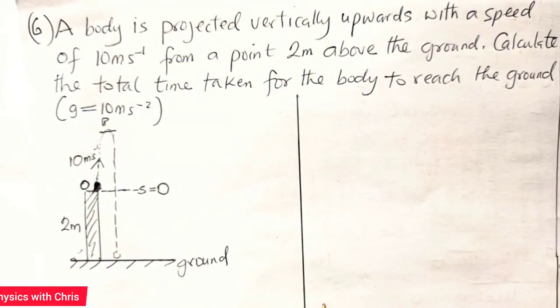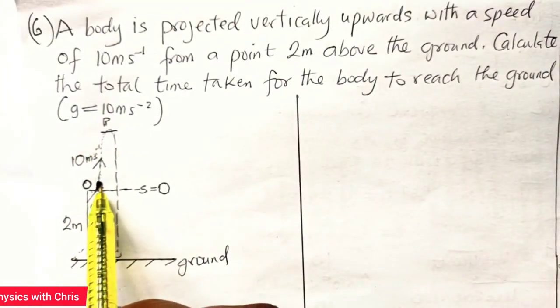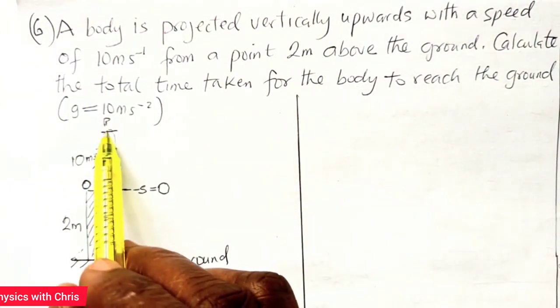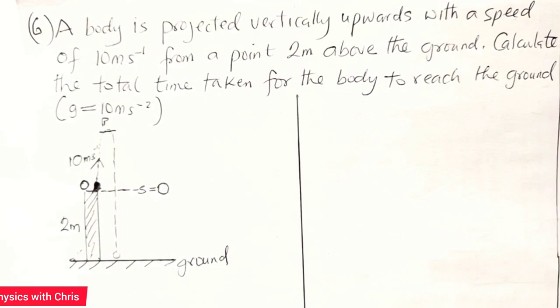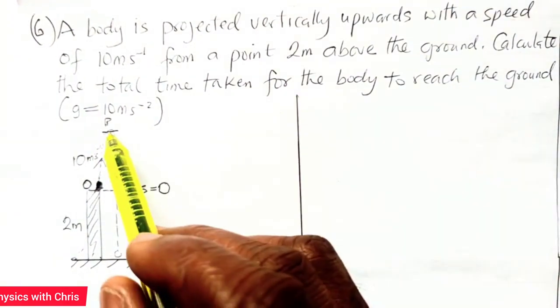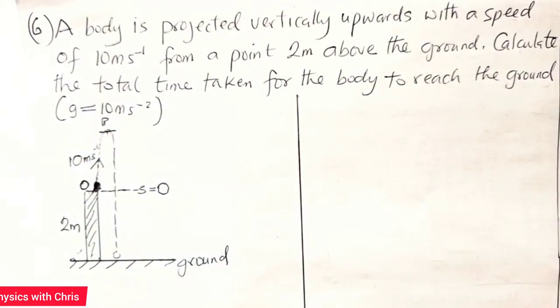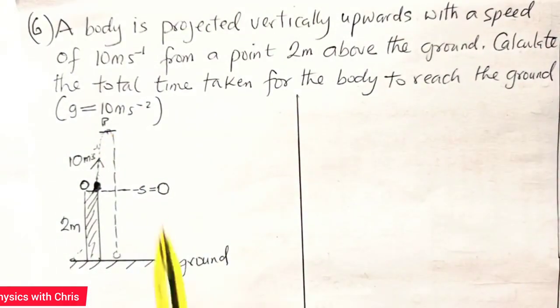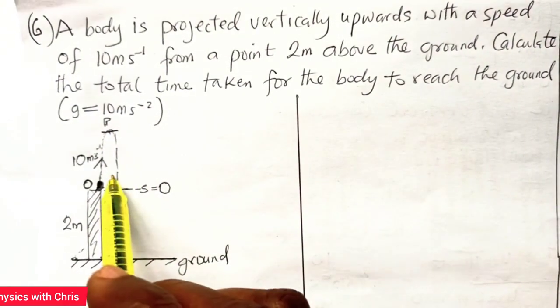Now this body is going to move from this point of projection along this path to this point P, which is its highest point in the path of the body. On getting to point P, it will start decelerating, that is, it will start moving downwards in this direction.